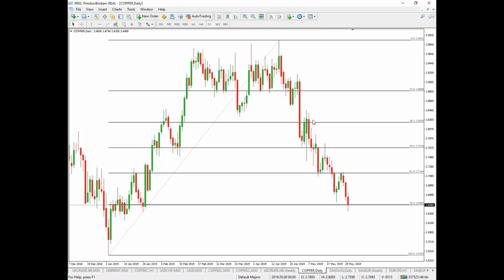We can see several attempts to break. There was even one close above 38.2%, which now reversed to resistance. But finally, the fresh near-term bulls that appeared from this low ran out of steam and gave up at this level and moved lower.